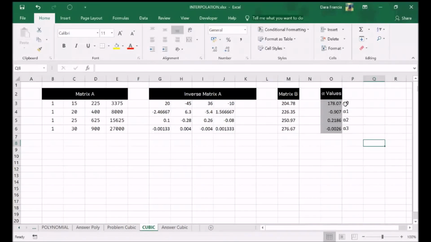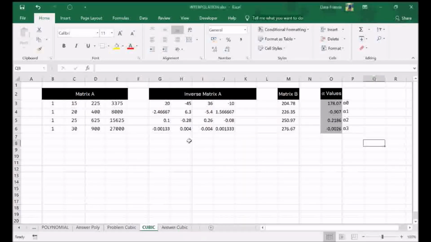Now we have our values for A0, which is 178.07, A1, which is negative 0.907, A2, which is 0.2186, and A3, which is 0.0026.